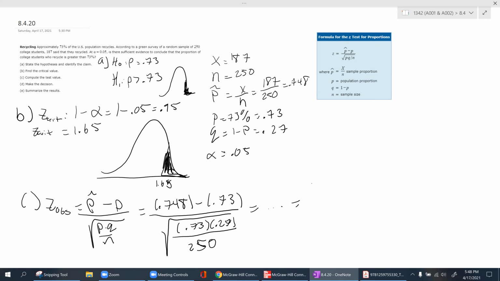Go ahead and plug that in, and I get 0.64. The observed value is not within the Z crit region. It's outside the region. So no.